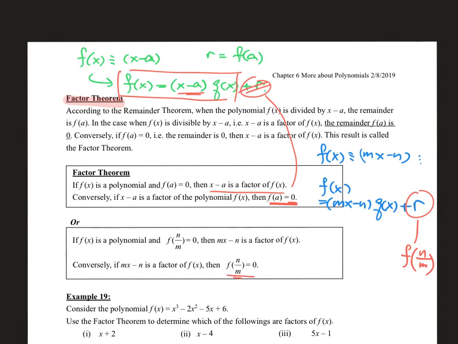So just in case it is equal to 0, that means this term disappears. As a result, f(x) will be just mx minus n times q(x), which means it is a factor of f(x). So can you correlate the factor theorem with the remainder theorem now? Somehow you can say it's a special case when you have the remainder equal to 0, which means that you have a factor in the division.